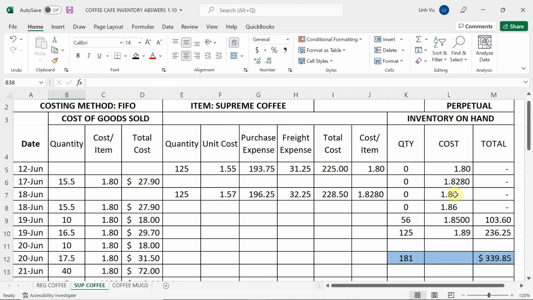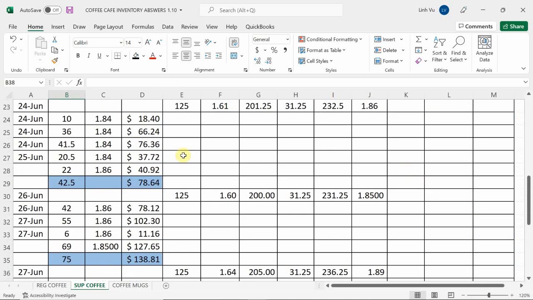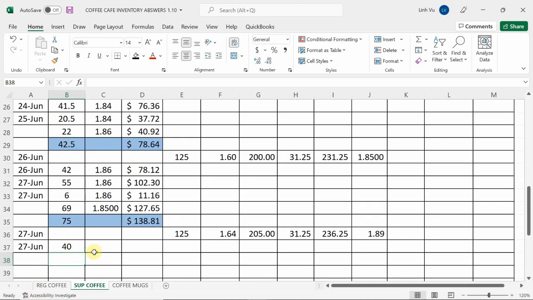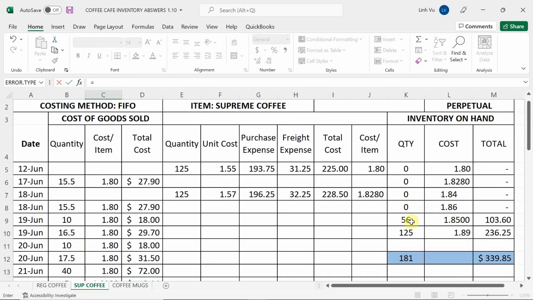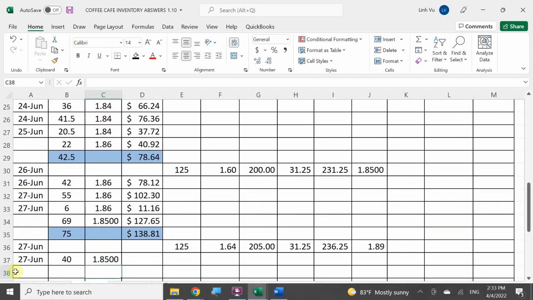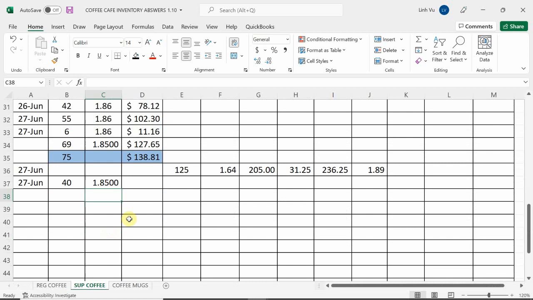Yep, the 56 at 1.85. Good. So in this case, 56 covers all 40. What's my total cost of goods sold if I used 40 pounds at $1.85?